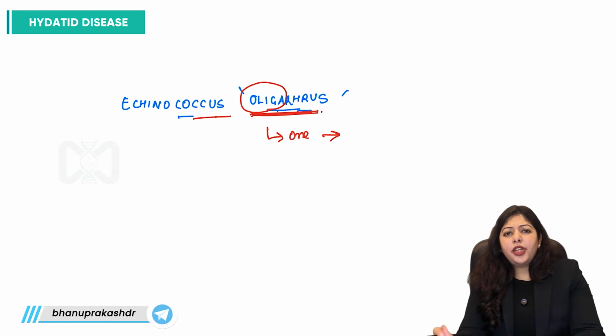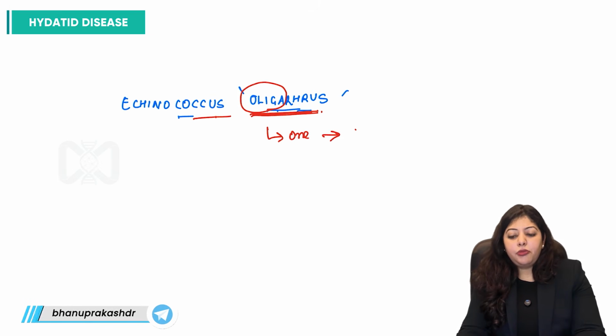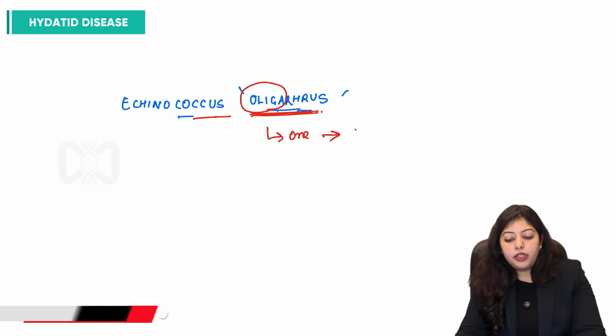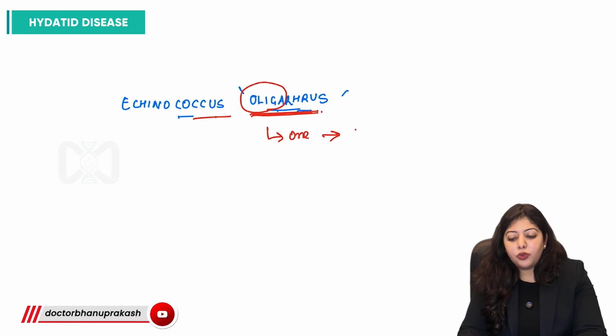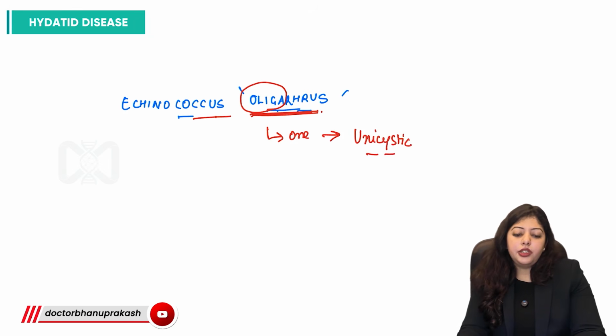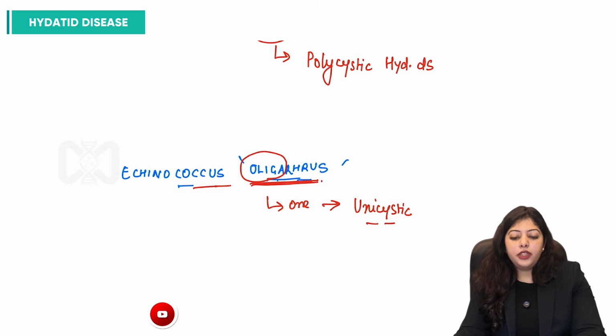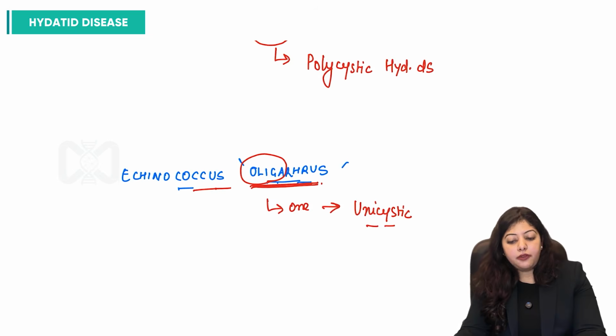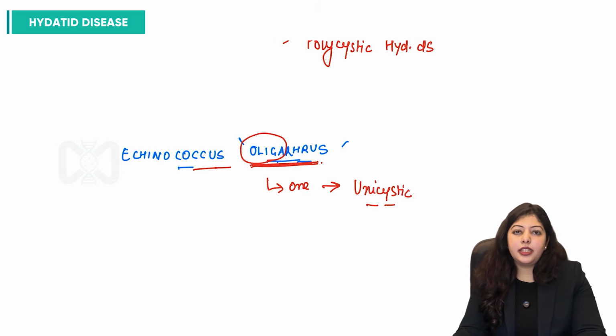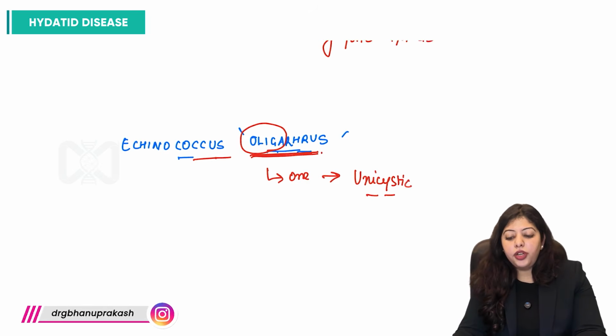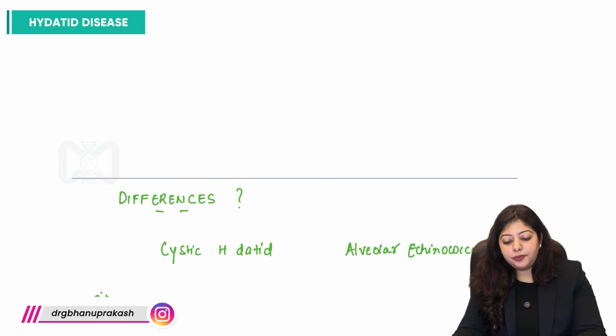So in general, polycystic hydatid disease would be caused by these two species, but when we talk more specifically, olig means one and these will be unicystic. Since these are not associated with human infection, we need not get into details, but if asked, you can very well say that these can be responsible for polycystic or unicystic diseases.